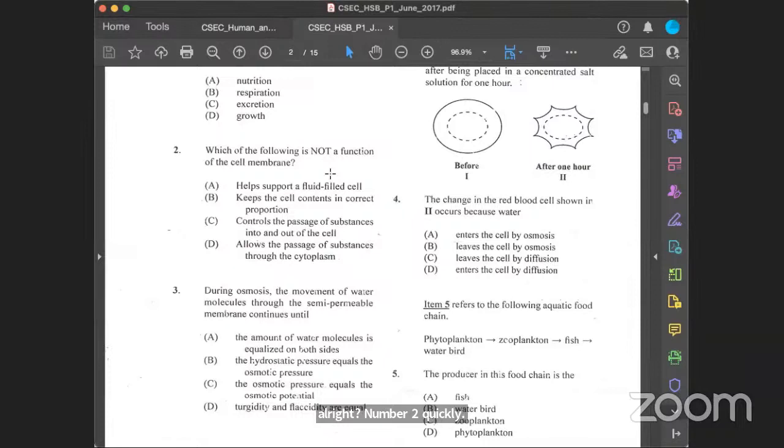Which of the following is not a function of the cell membrane?